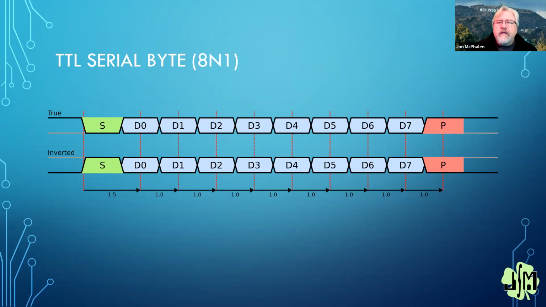It's very nice. The only trick with the smart pins is that they always send out N81, and the 1 is a stop bit, 1 stop bit. If you wanted to add a little bit of padding between your bytes and send 2 stop bits, it's really easy to do in assembly.